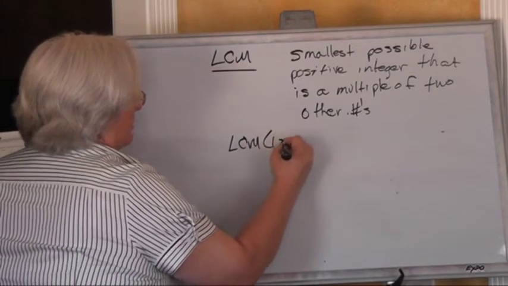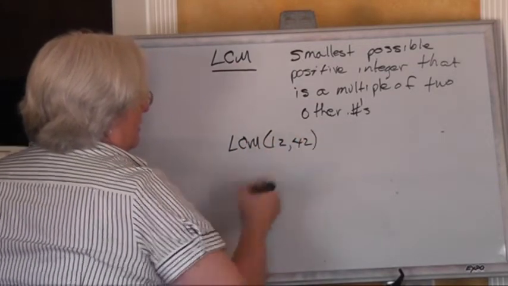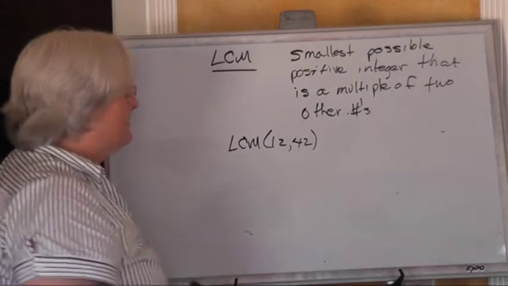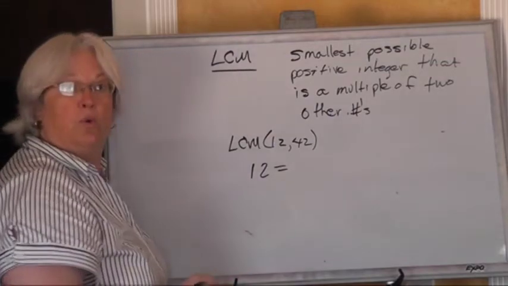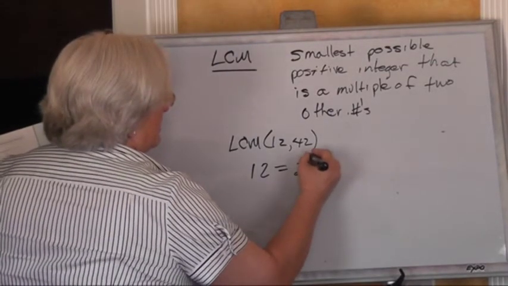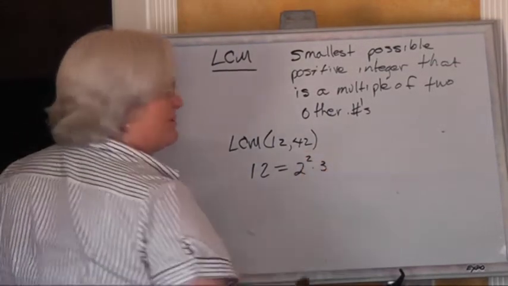Least common multiple of 12 and 42. First you have to prime factor 12. You have to prime factor 12 enough to know that 12 is equal to 2 squared times 3.